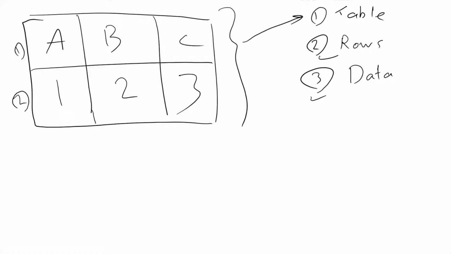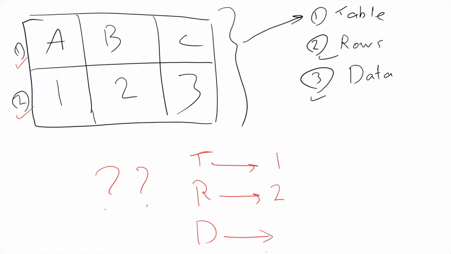Again, I want to ask a quick question. How many tables do I have? I know it's a bit silly question, but we need to understand this. We have here one table. How many rows? 1 and 2. We have 2 rows.